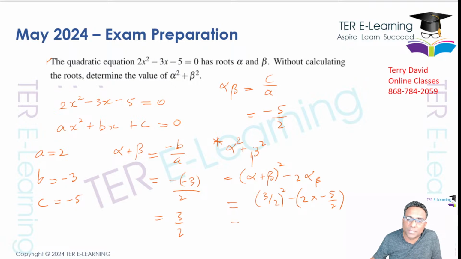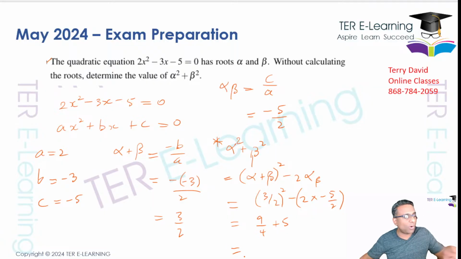So this is going to be 9 over 4 plus 5. So this here is 29 over 4. You can double check my calculation if you want to.